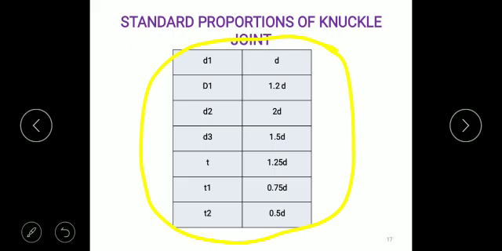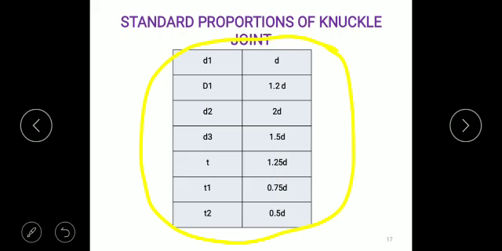After getting these standard dimensions, whatever equations of the stresses we are going to use, with these equations either we can calculate the induced stresses, or if we calculate the dimensions, then those should be less than the dimensions from the standard proportion, or if not, then we can select the maximum value. Also, whatever stresses are calculated for the design check are nothing but the induced stresses in a knuckle joint.